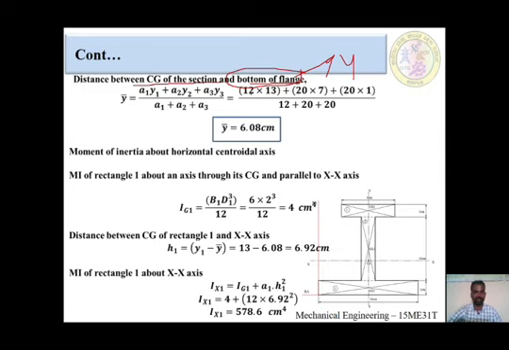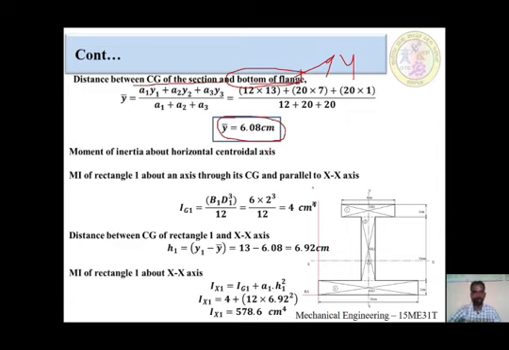Area 1 is 12 into y1 is equal to 13, plus a2 is equal to 20 into y2 is equal to 7, plus a3 is equal to 20 into y3 is equal to 1, divided by area 1 is 12 centimeter square plus a2 is 20 centimeter square plus a3 is 20 centimeter square. Put all those values in this formula, you will get y bar is equal to 6.08 centimeter.